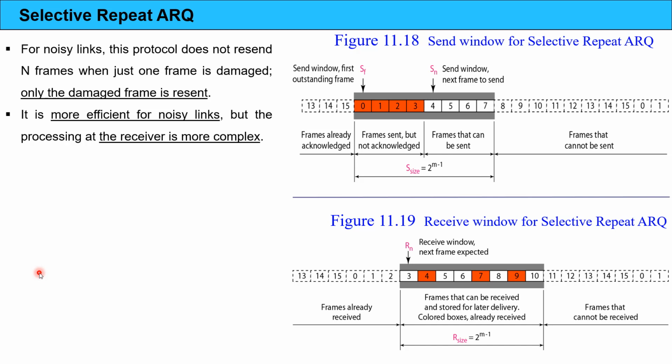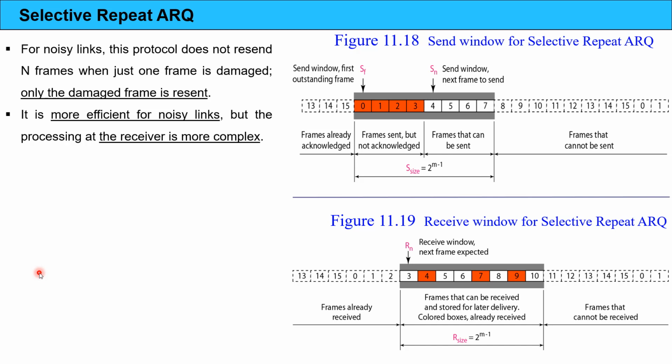In this case, it is a small update: by only increasing the receive window size, I can receive multiple frames out of order, and if any frame has an error or damage, I will retransmit it and put it in sequence again.